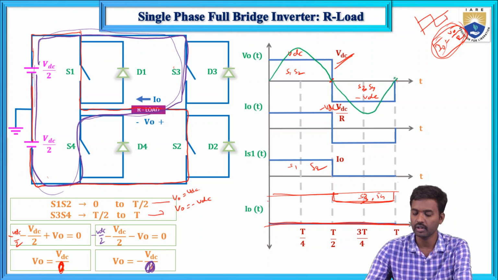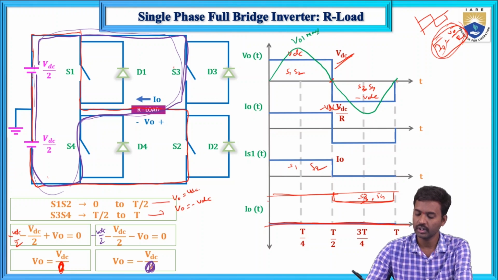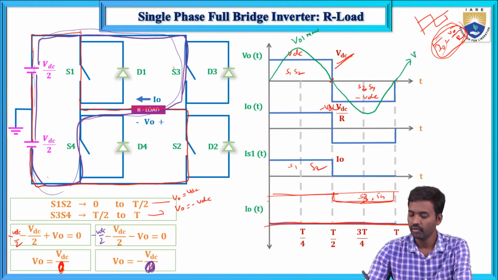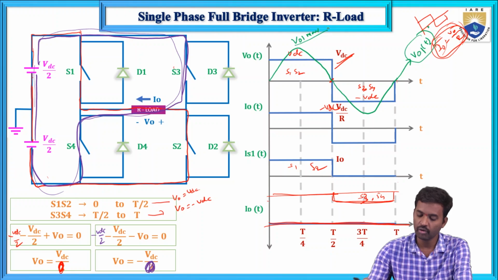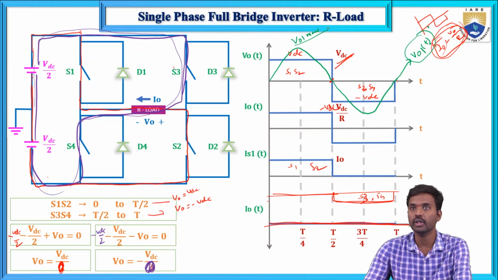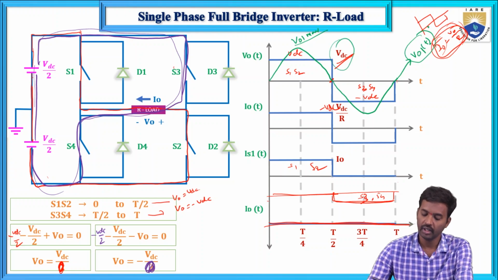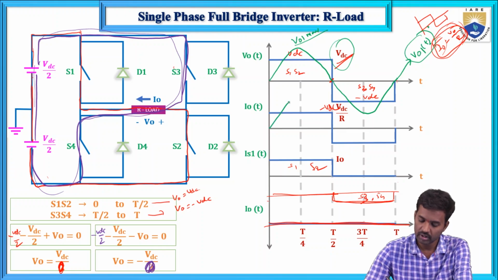This is the fundamental, the V01 maximum. This waveform is V01 of t, the fundamental component of voltage. This V01 maximum is always greater than the output voltage maximum value VDC. And next, it is also the same for the fundamental component of the output current.